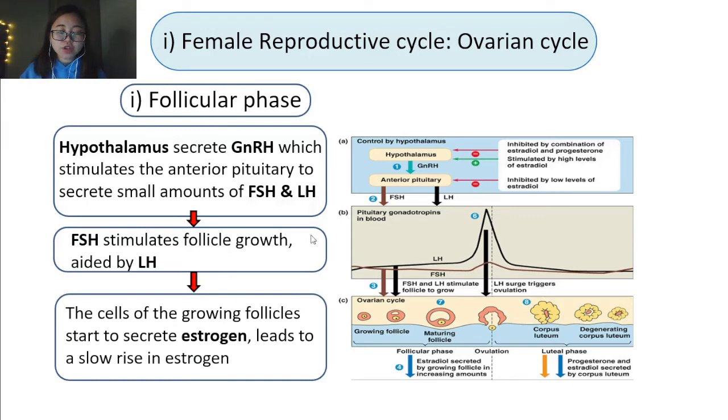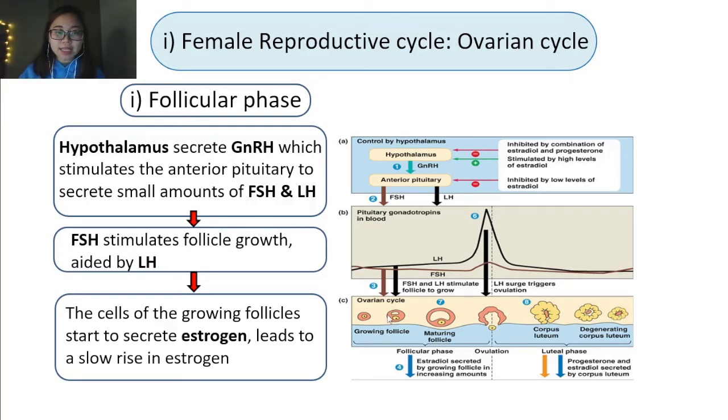The cells of the growing follicles will start to secrete estrogen, which leads to a slow rise in estrogen. So sambil dia membesar, ini follicle sambil membesar, sambil dia menghasilkan estrogen. Dalam sesetengah buku dia tulis estrogen, sesetengah buku dia tulis estradiol. Actually sebab estrogen ni ada beberapa jenis.